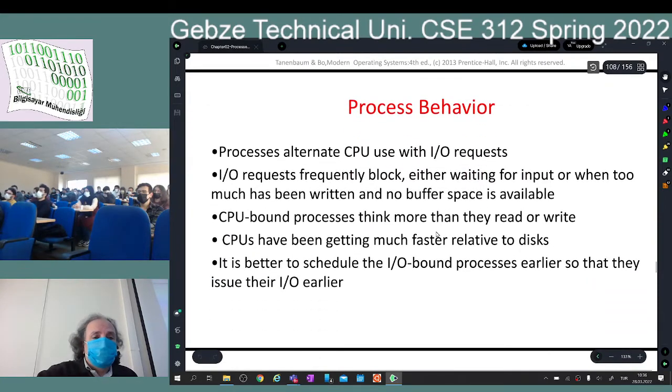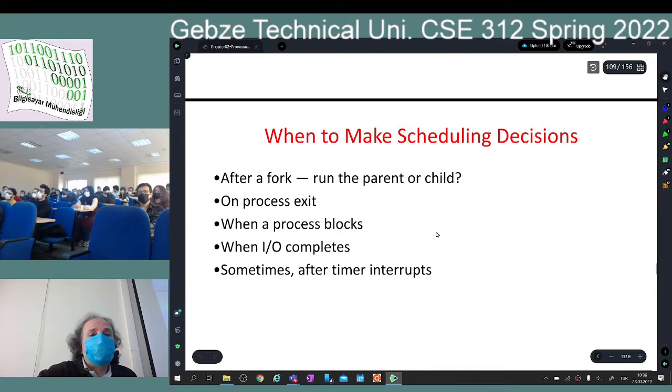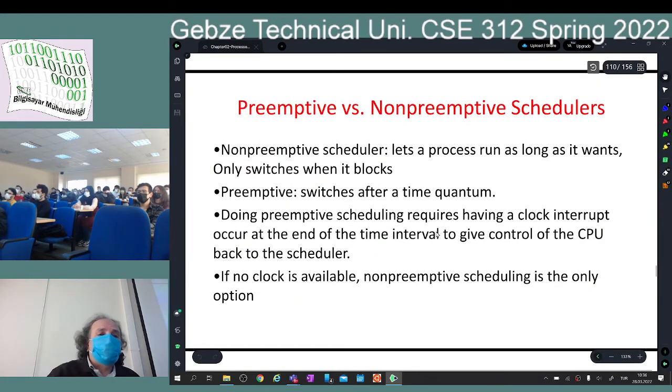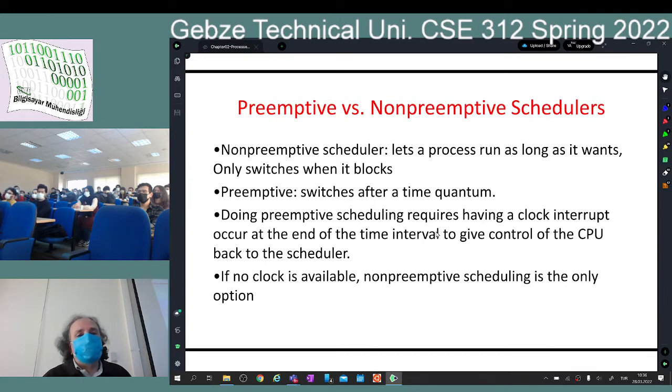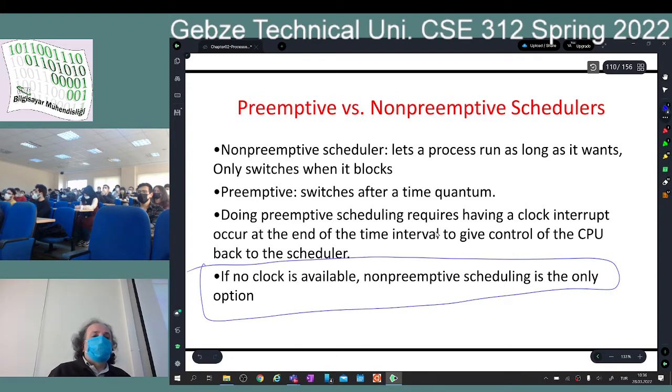Okay, so we talked about those, and we talked about when to make the scheduling decisions. We talked about preemptive schedulers and non-preemptive schedulers. Remember, for the preemptive schedulers, you definitely need clock hardware.